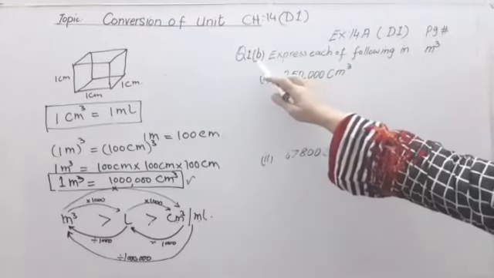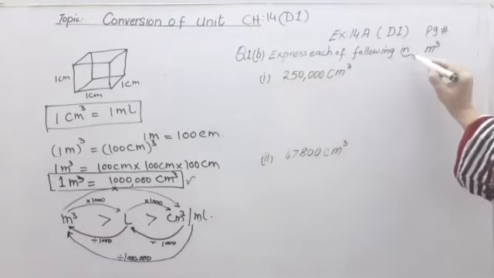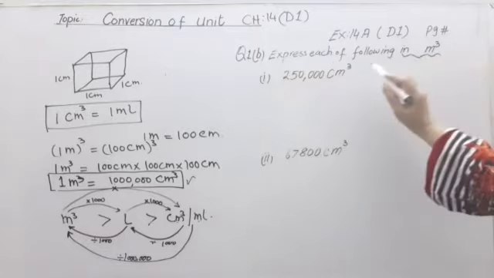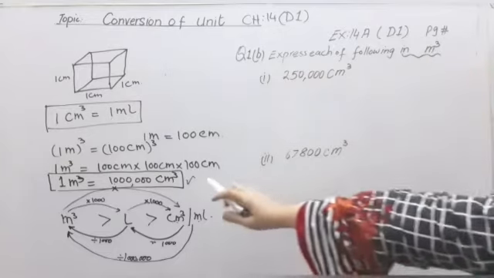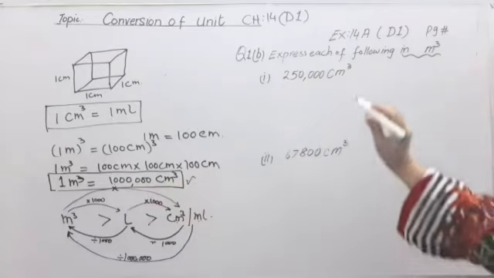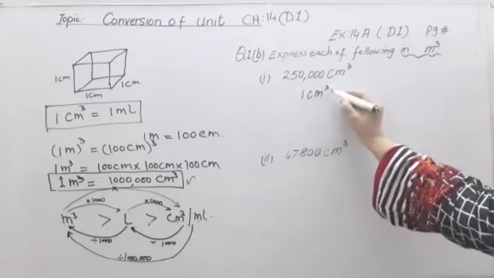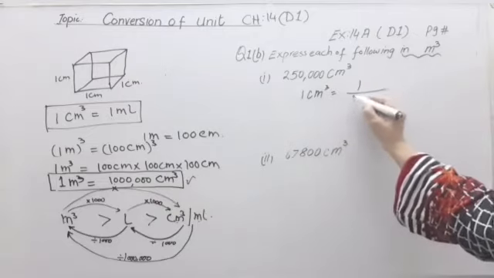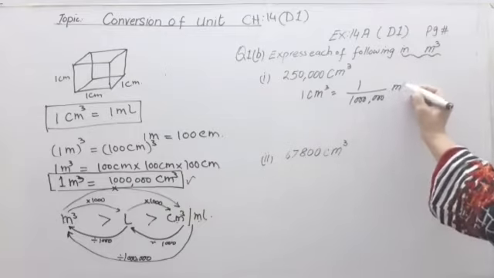Now the B part of question number 1: express each of the following in cubic meter. Now our answer is needed in cubic meter, so cubic centimeter is converted into cubic meter. So 1 cubic centimeter is equal to 1 by 1 million cubic meter.